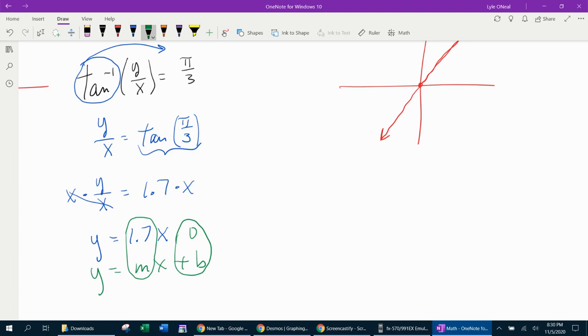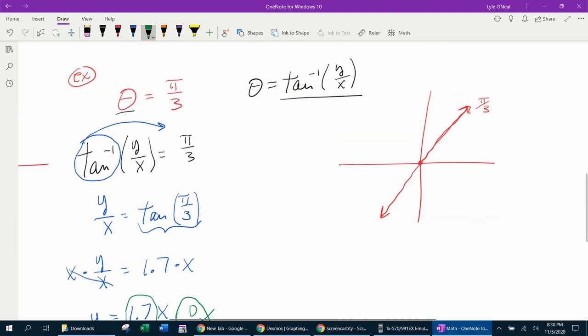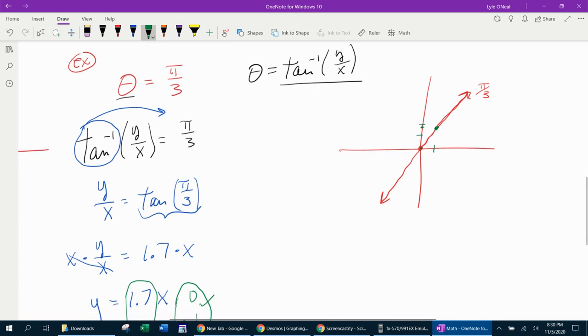So that means we have a line that goes through the origin. The y-intercept is the origin. And if I do rise and run, that's going to be up 1.7 and over 1. From the origin, I can rise 1.7 and run 1, and I get my line.